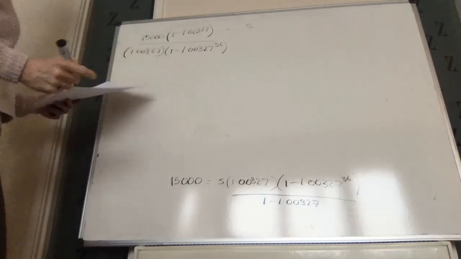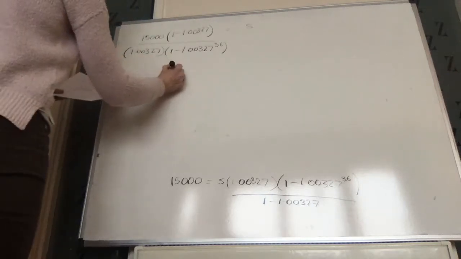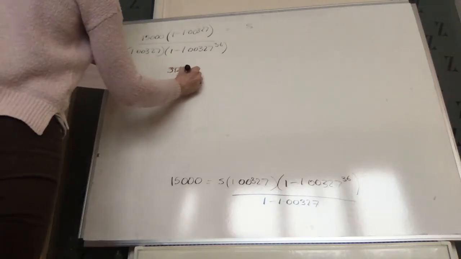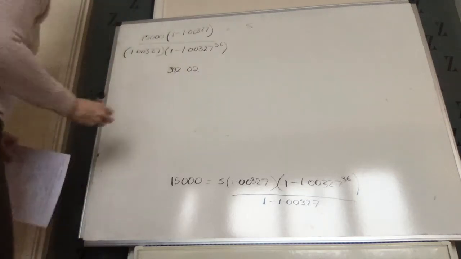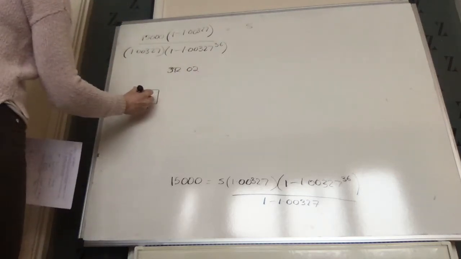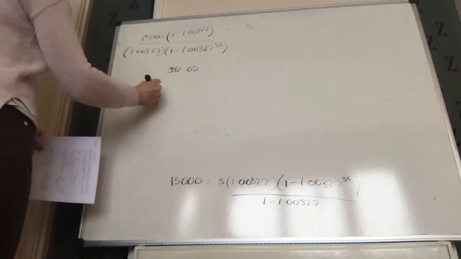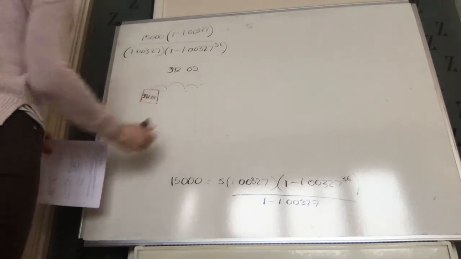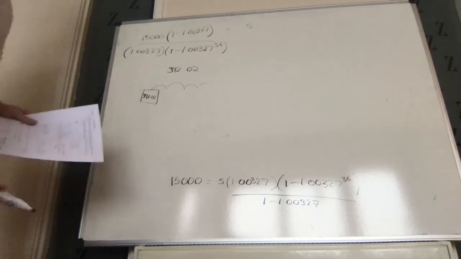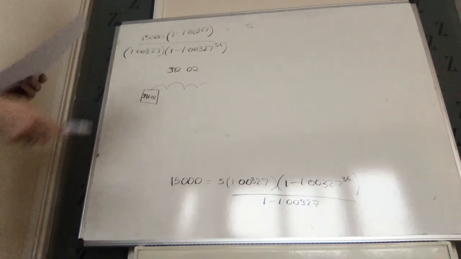And when you put that into your calculator, you get 392.02. So that means that if she puts away 392.02 euros every month for 36 months, then at the end of that 36 months, she has the 15,000 to buy the car. Okay?